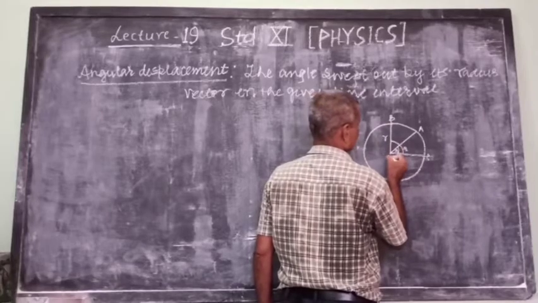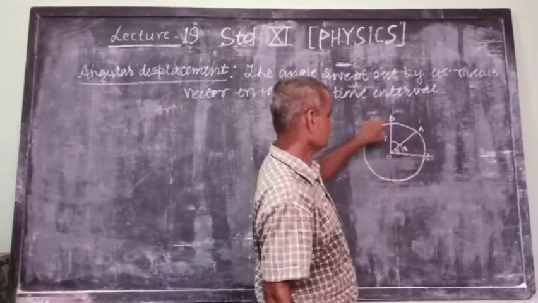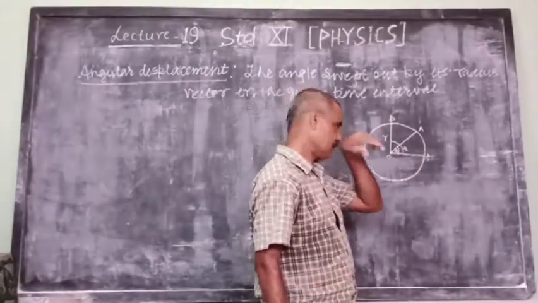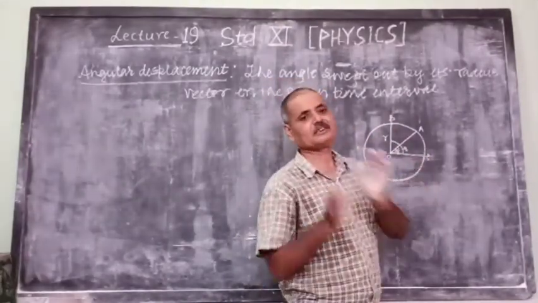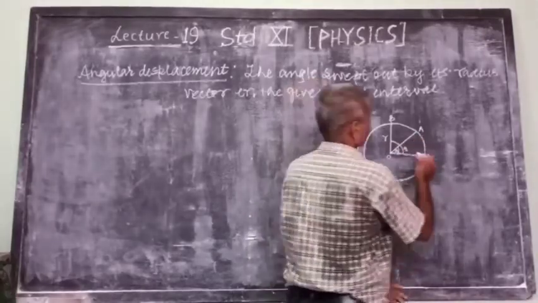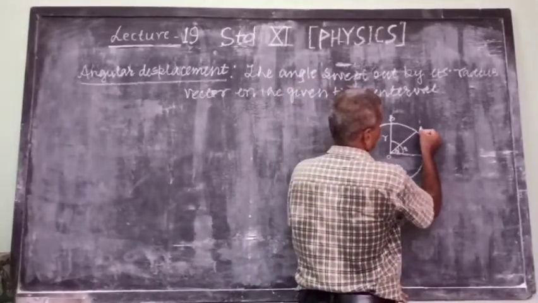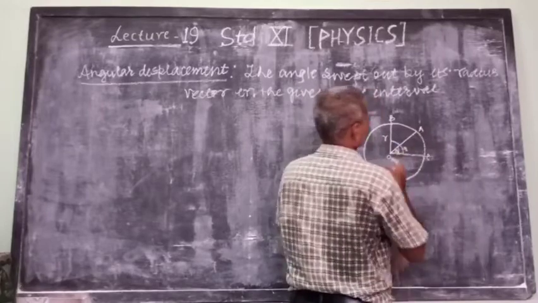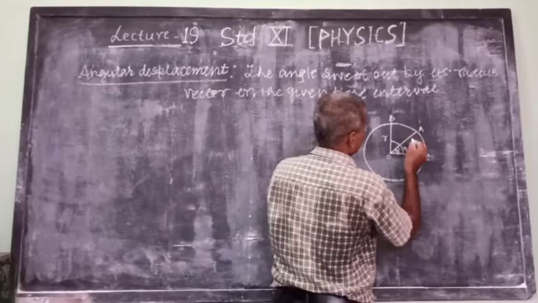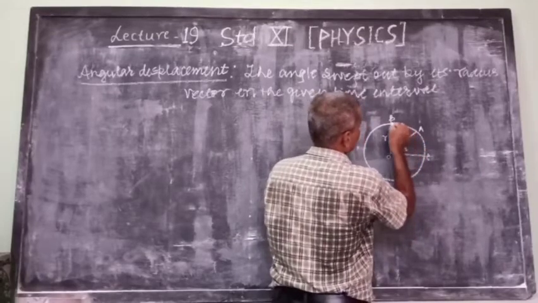The body is moving on a circular path. Suppose this particle reaches A in time t1 and in time t2 it reaches B. So what will be the angular displacement?